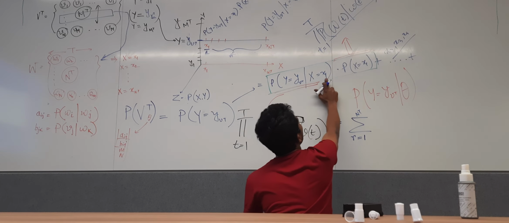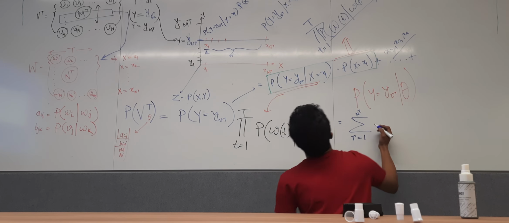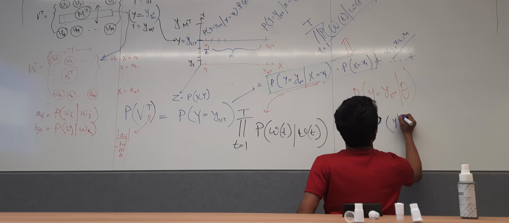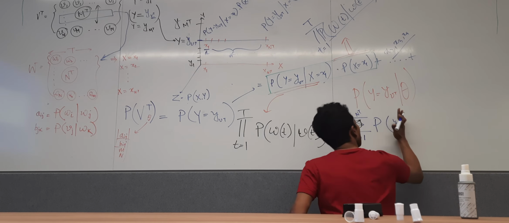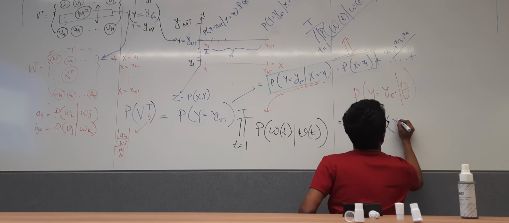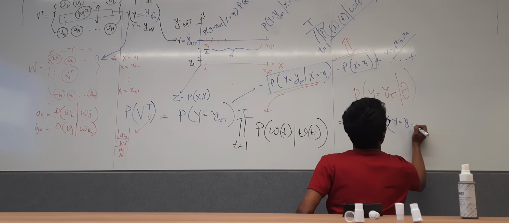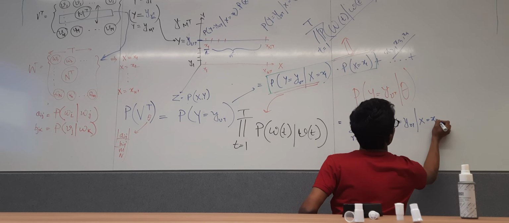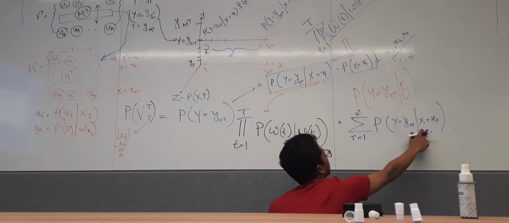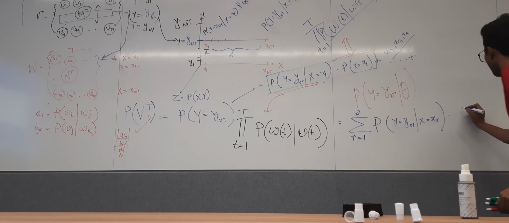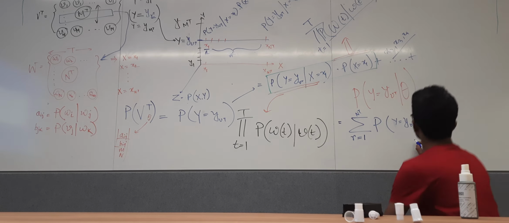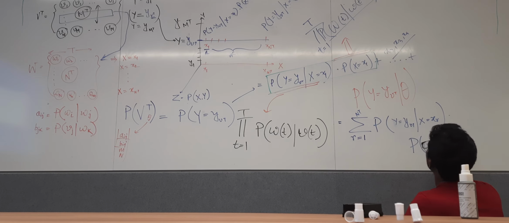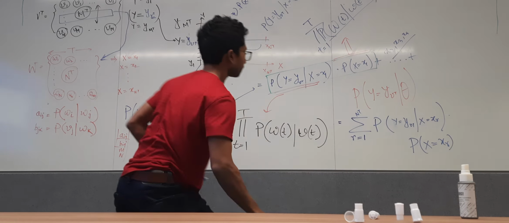So this term I can write as p of y equals vT, given x equals xr, multiplied by p of x equals xr. Is this clear?